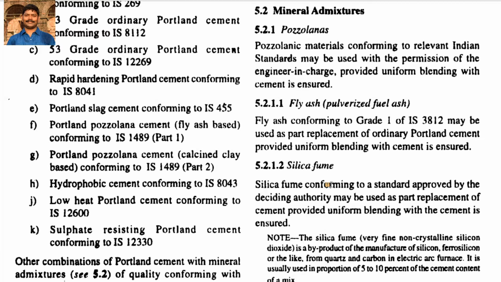Those companies that produce silicon metal or alloy get silica fume as a byproduct, where the silica content is nearly 80%, and that also works as a pozzolanic material. So a pozzolanic material is one which has some binding property and reacts with the calcium hydroxide to produce additional CSH gel which gives the strength.